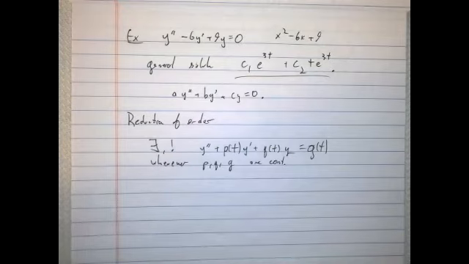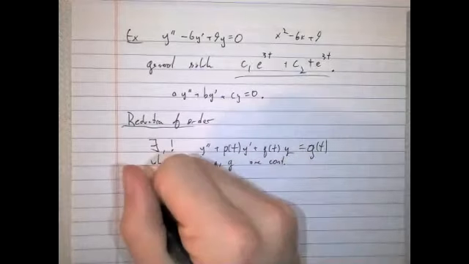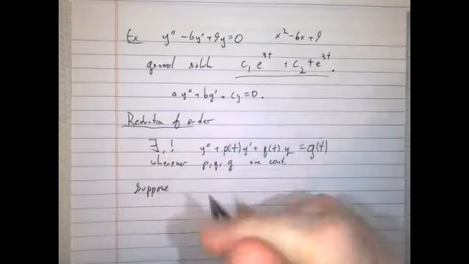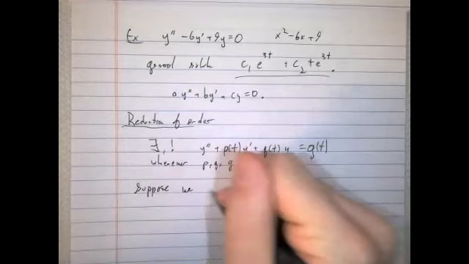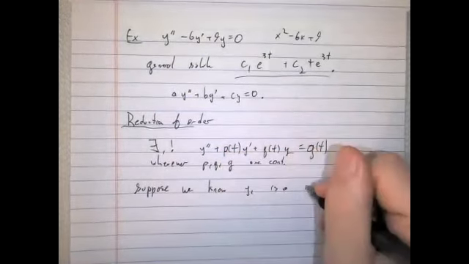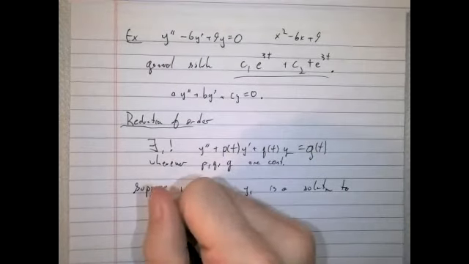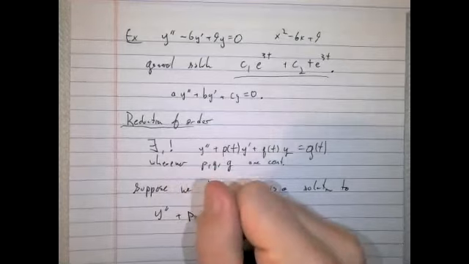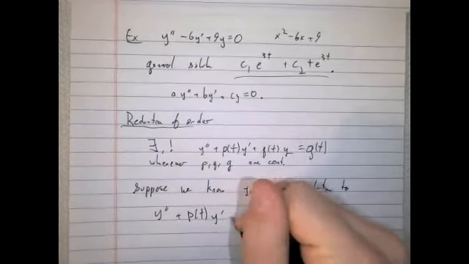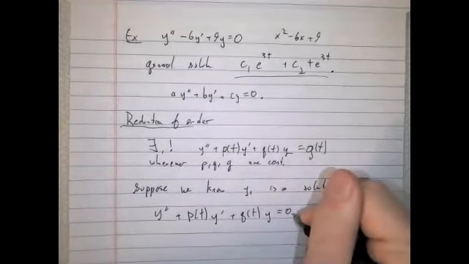Okay, so let me just discuss this reduction of order, which is the same idea that we just went through. Suppose y1 is a solution to y double prime plus p of t y prime plus q of t y is equal to 0.